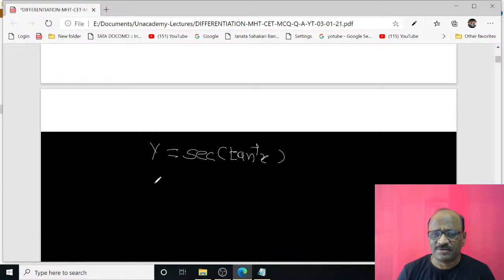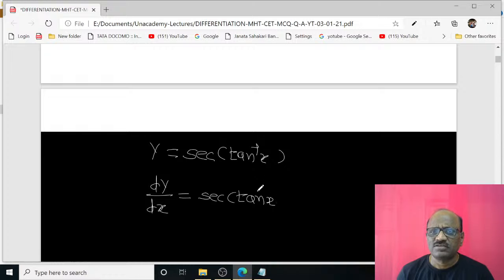In a similar manner, dy by dx is equal to sec of tan inverse of x into tan of tan inverse of x.